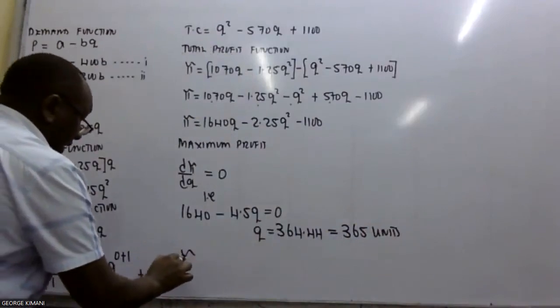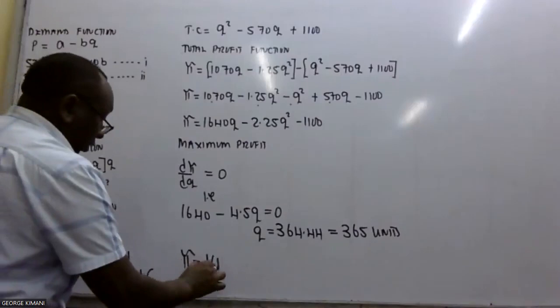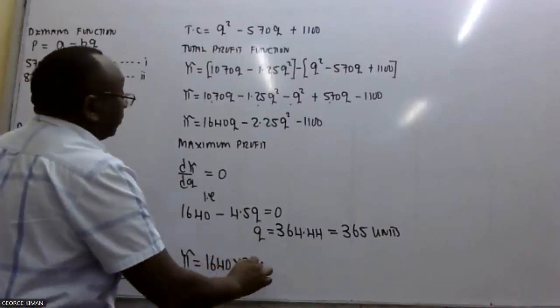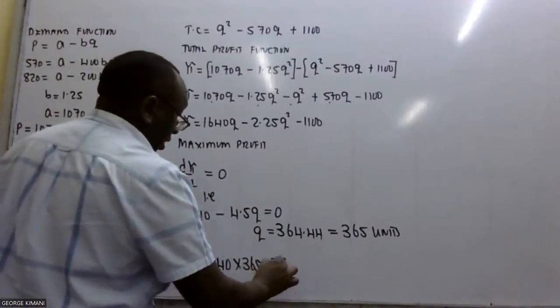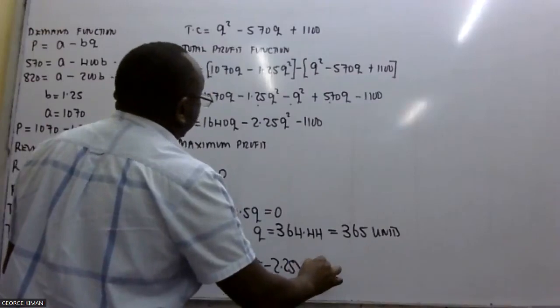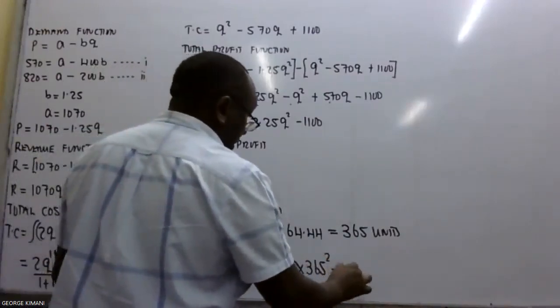So profit then will be equal to 1640 times 365 minus 2.25 times 365 squared minus 1100.